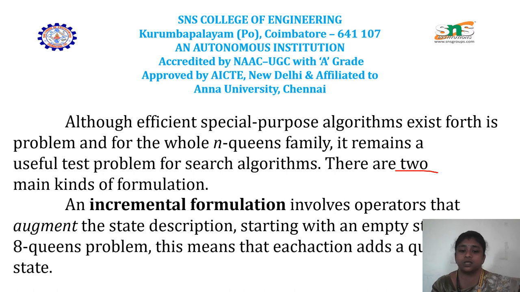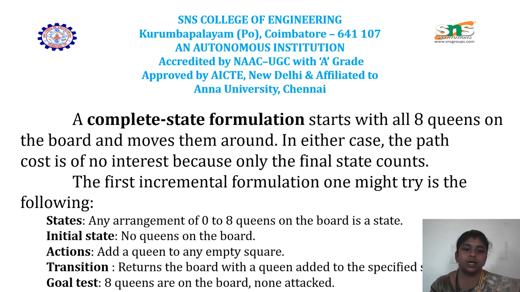This means that each action adds a queen to the state. The second one is the complete-state formulation. A complete-state formulation starts with all 8 queens on the board and moves them around. In either case, the path cost is of no interest because only the final state counts.